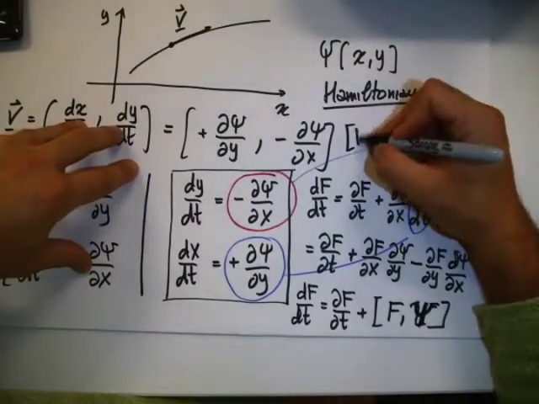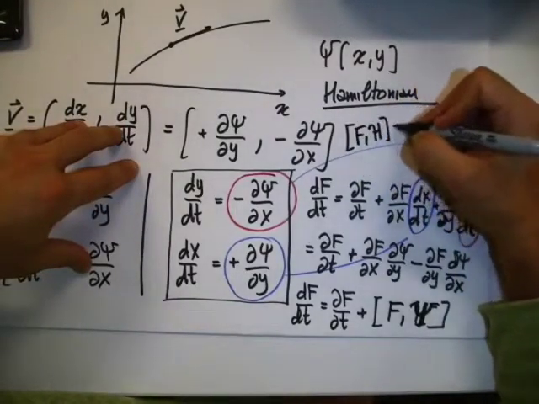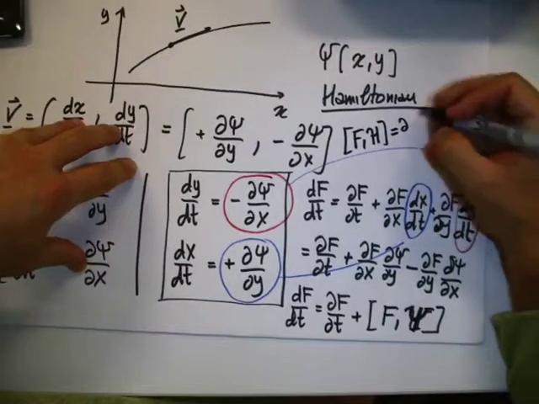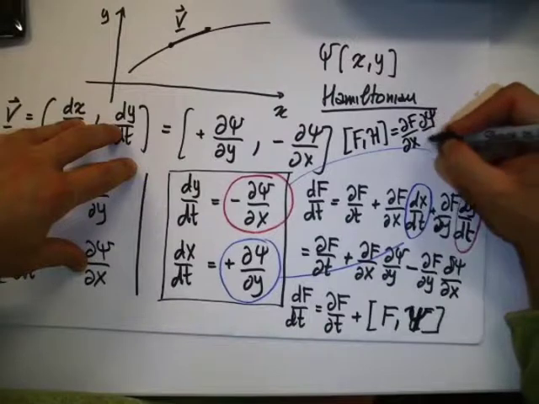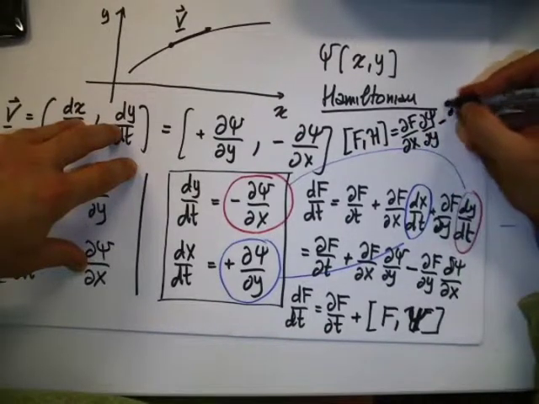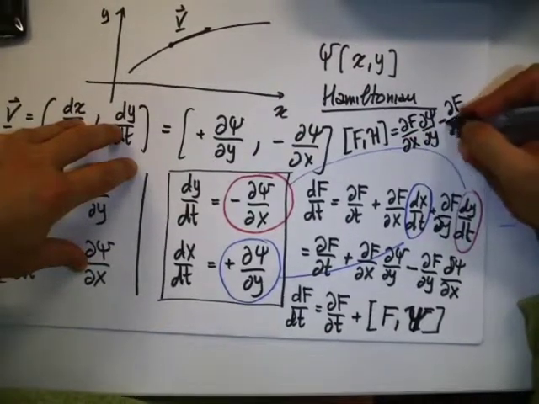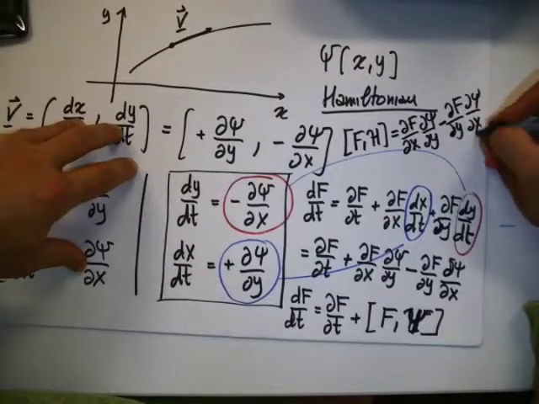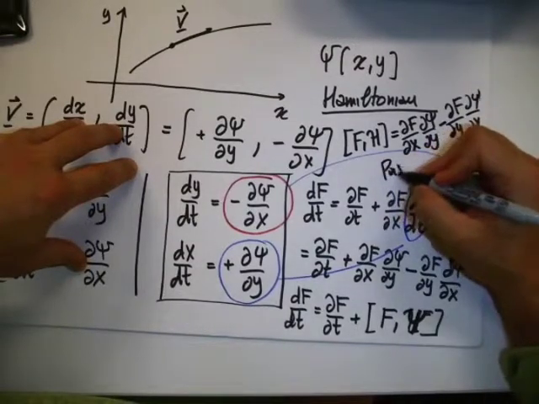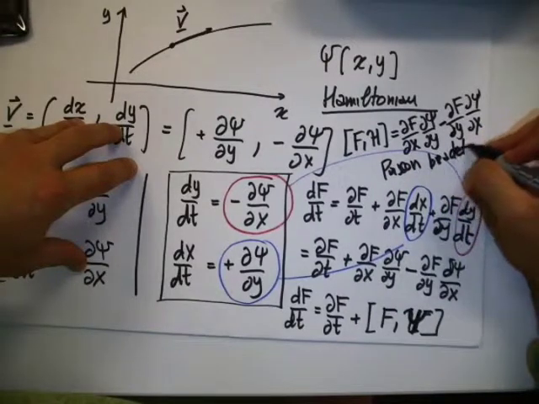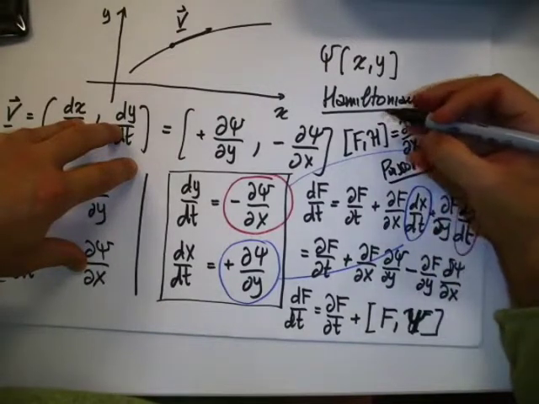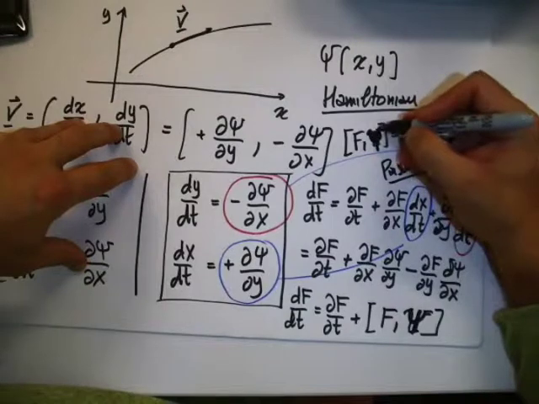So here we have the same brackets, f comma ψ equals ∂f/∂x ∂ψ/∂y minus ∂f/∂y ∂ψ/∂x, and these are the Poisson brackets, the ones that we already got before.